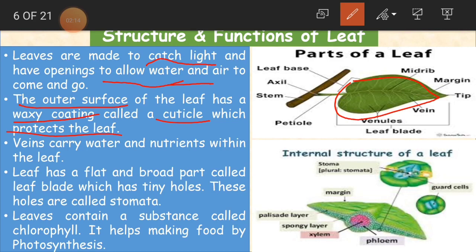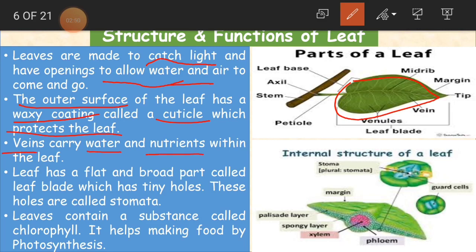Like for example, if you take a bottle, fill it with water and cover it with a knob so that the water does not flow outside, we don't lose the water from the bottle. Same like that here, what does the cuticle do? It is going to protect the leaf from water loss. Okay children, clear?